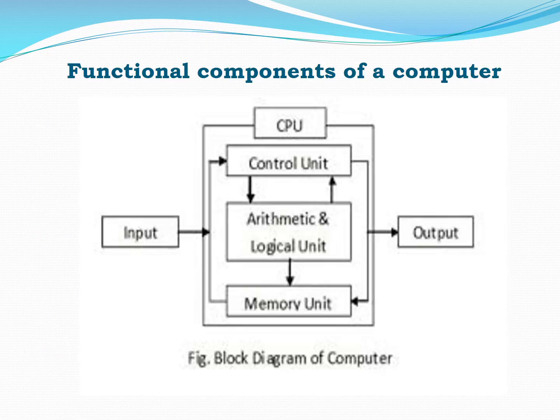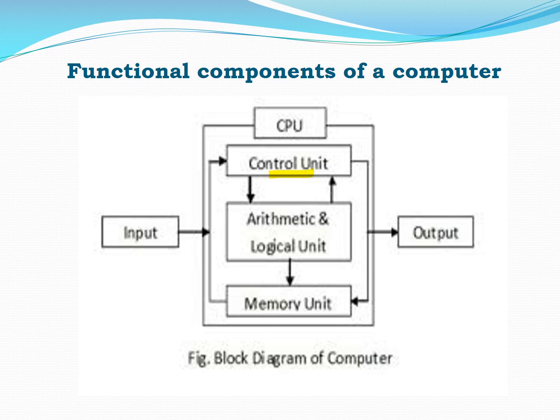Here we have the basic components of computers. In this diagram, we are going to see a block diagram of a computer. We have three major components present in a CPU. The first one is the control unit.